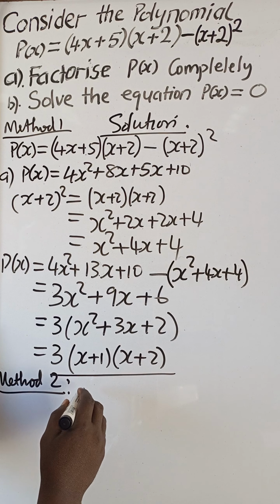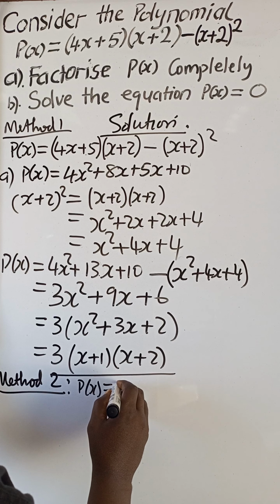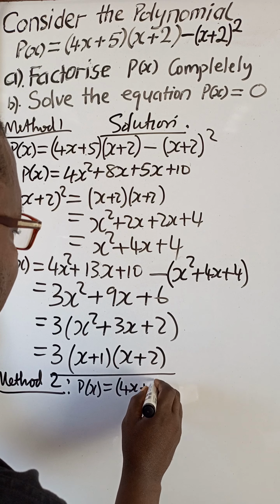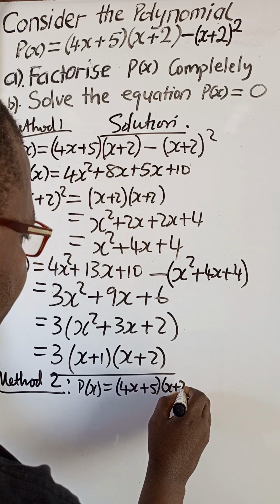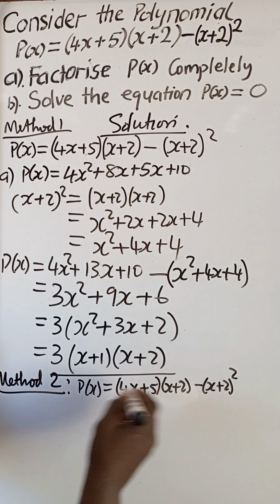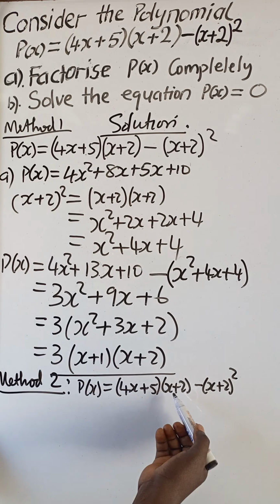Method 2, we'll just write our p of x and look at it carefully. We'll see the common factor that we have to factorize. This is our p of x. If we look at it carefully, we'll see that x plus 2 is common.